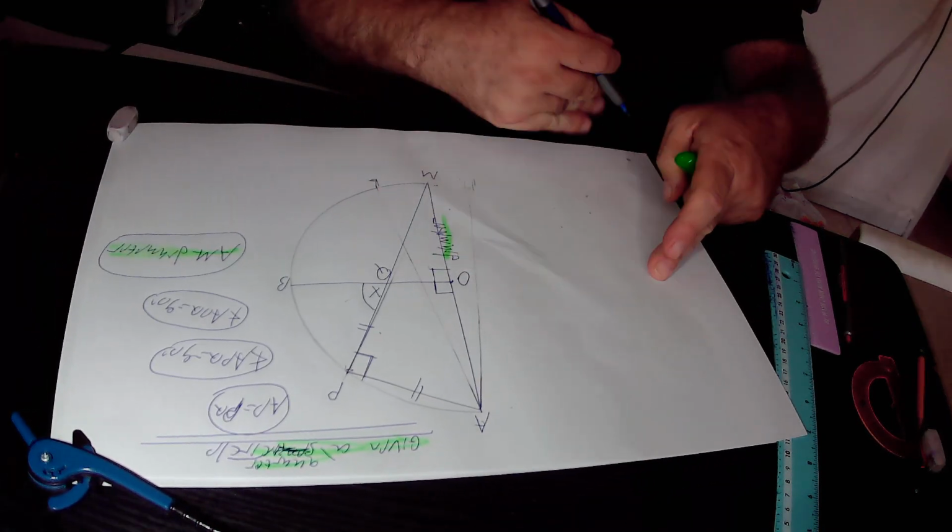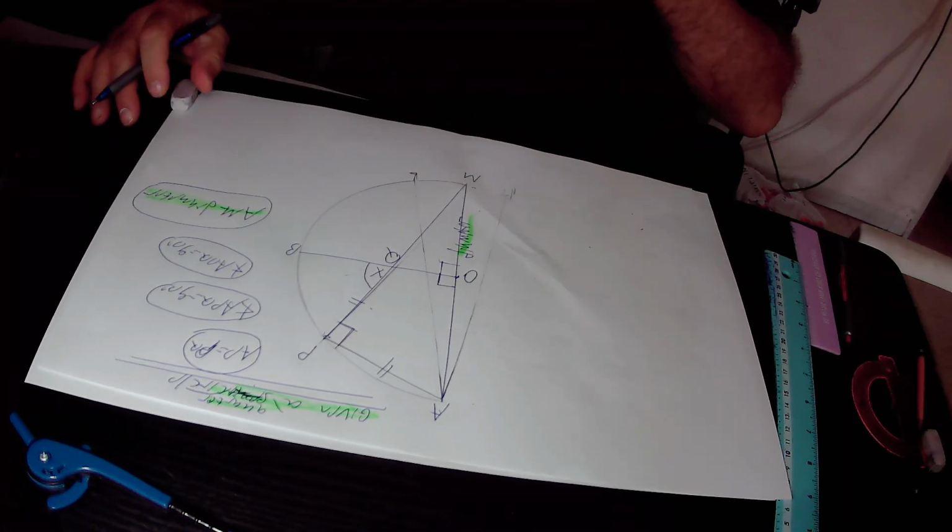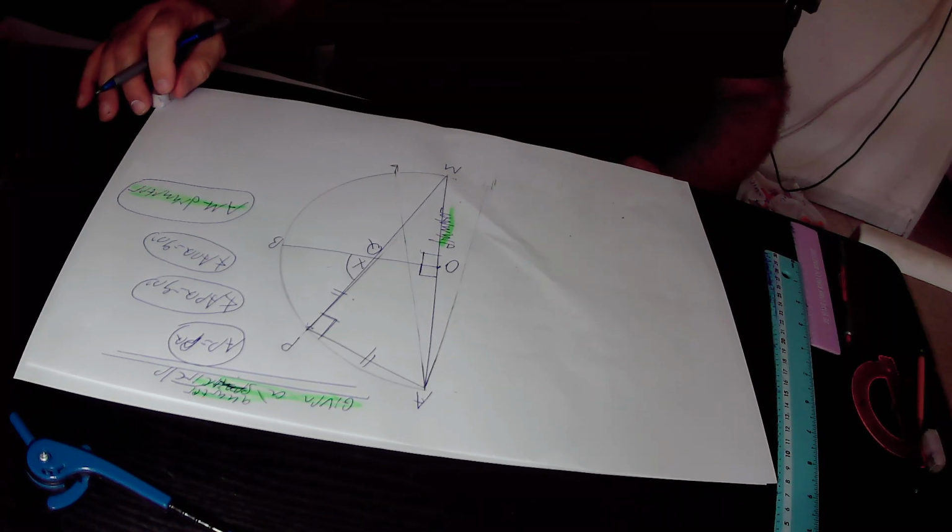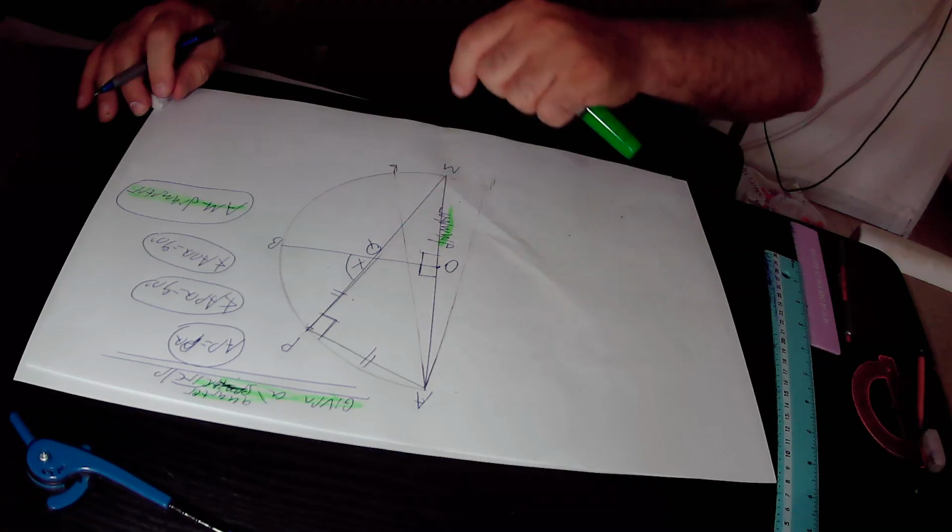In the next step, we join points A and Q together by a straight line.